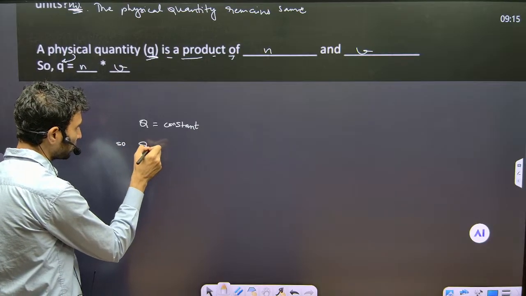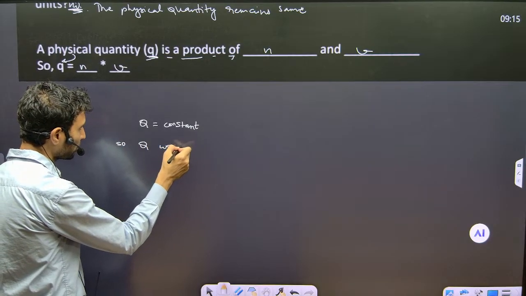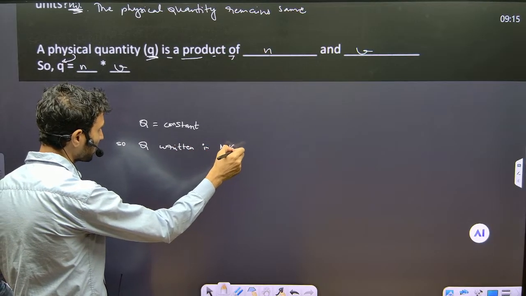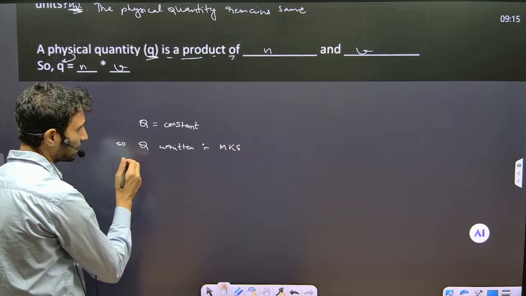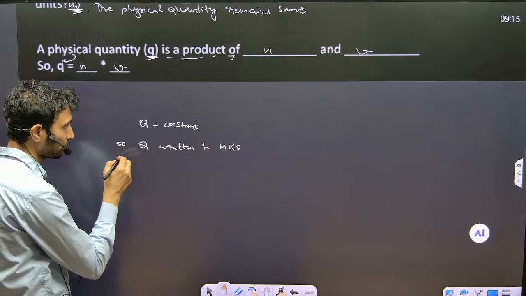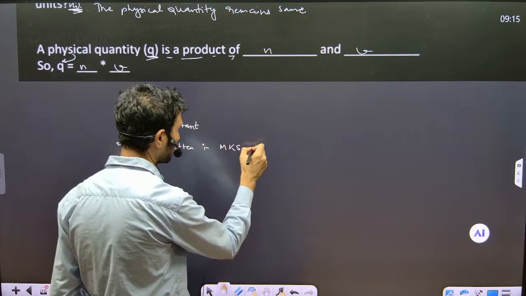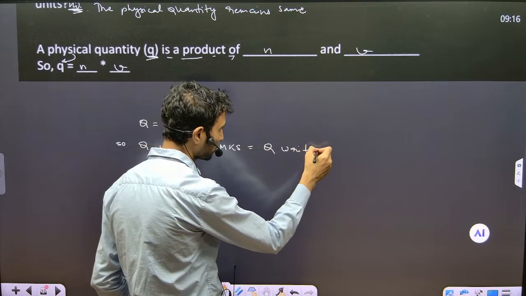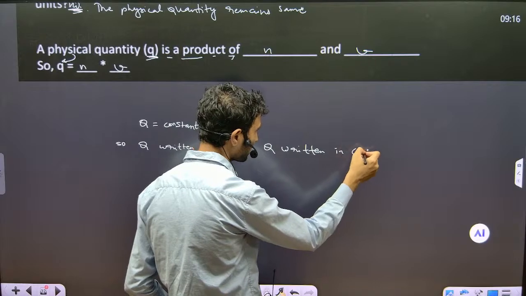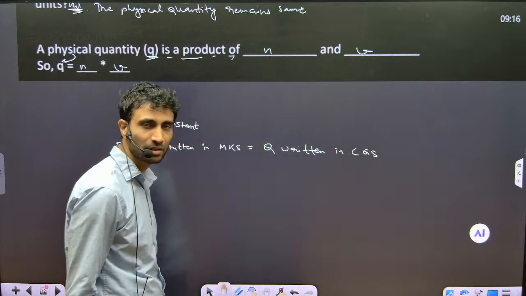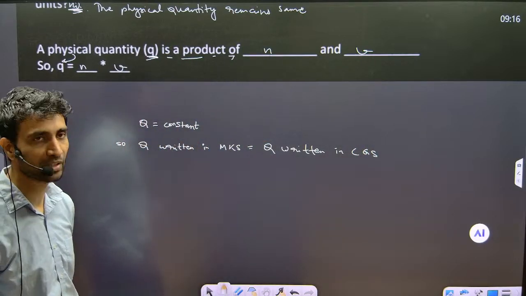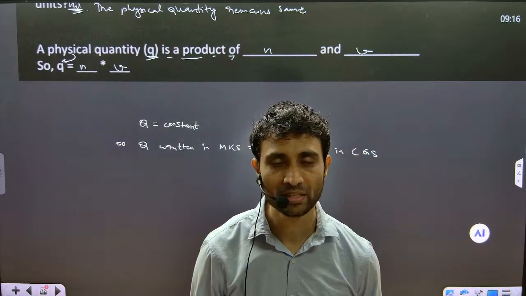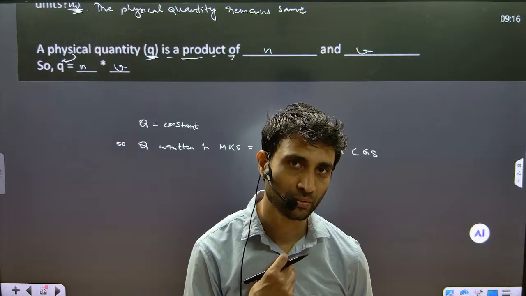So Q written in MKS, let's say I use MKS to write Q, should be equal to Q written in CGS. Can you all agree with this? That the value of Q will remain the same whether you write it in MKS or in CGS. It's not going to change, right?